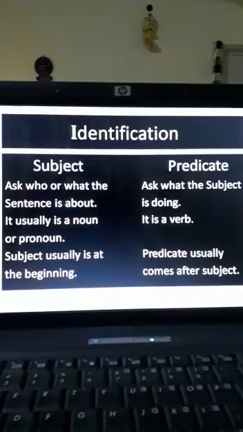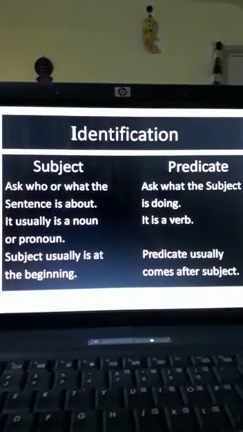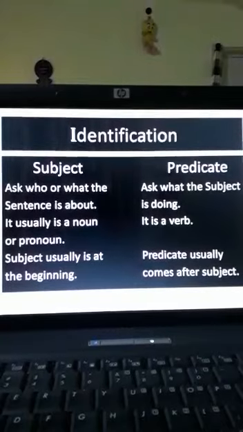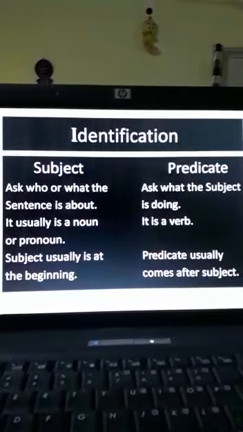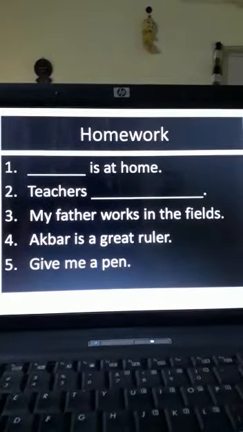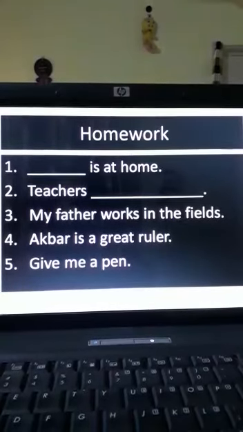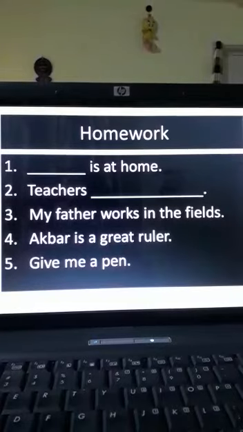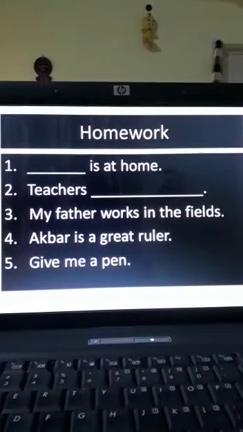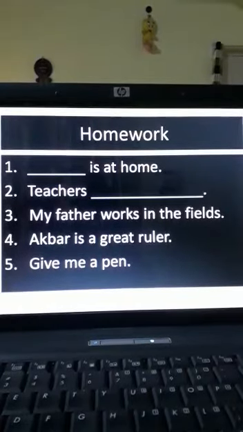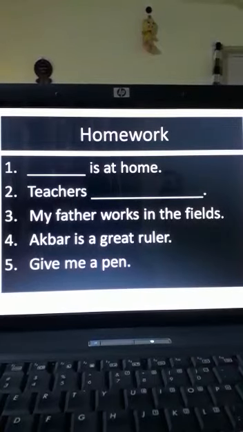So now I hope you are clear with the identification and the definition. I have given you some homework wherein you might have to fill in the subject and the predicate, and some sentences wherein you have to identify both the subject and the predicate.